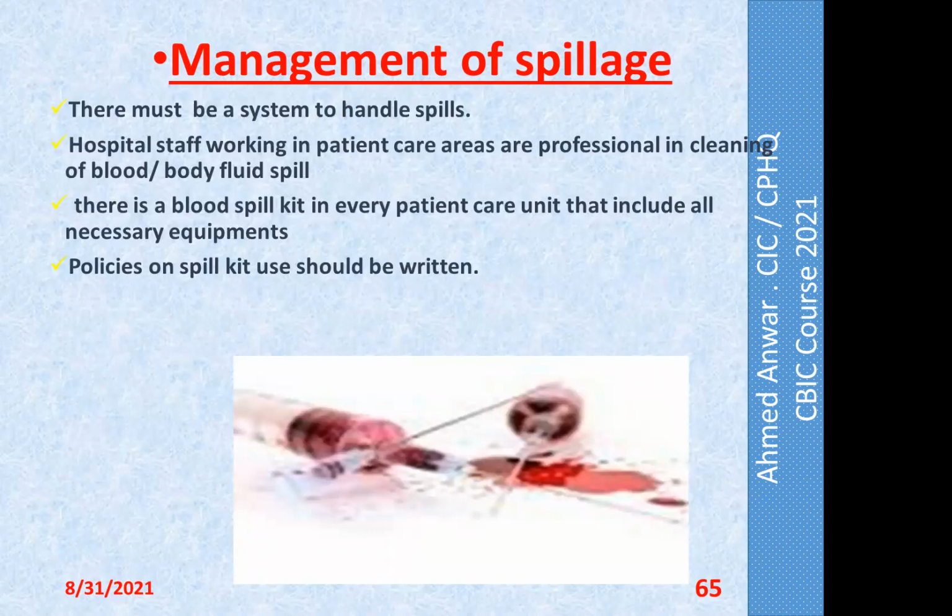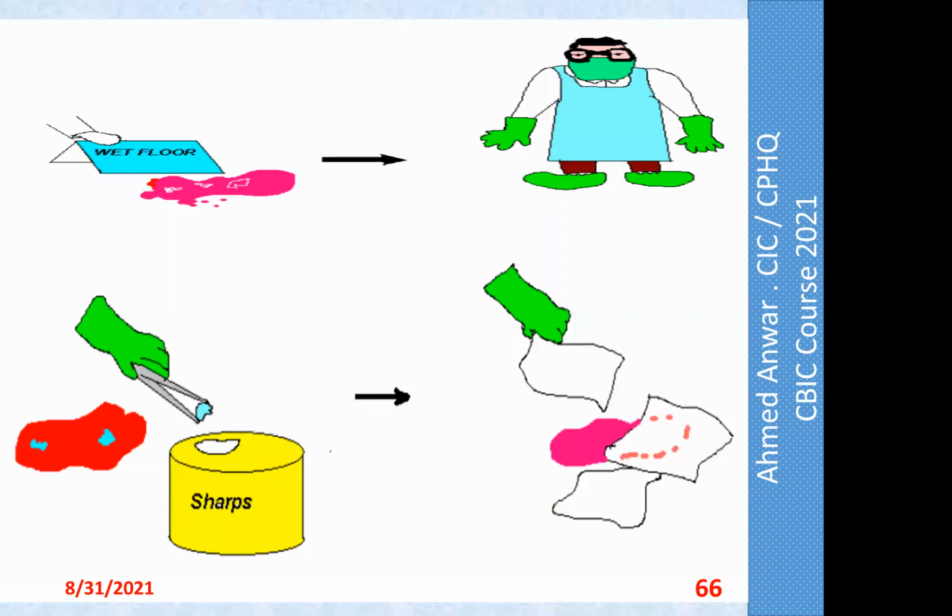First of all, if this spill contains any glass, it should be collected by forceps, not by the hands. First point of blood spill management, put a warning sign to prevent anyone from going through this spill, where the housekeeping or the nursing staff, according to the policy, will wear all PPE, surround the spill with tissue and cover it with tissue.